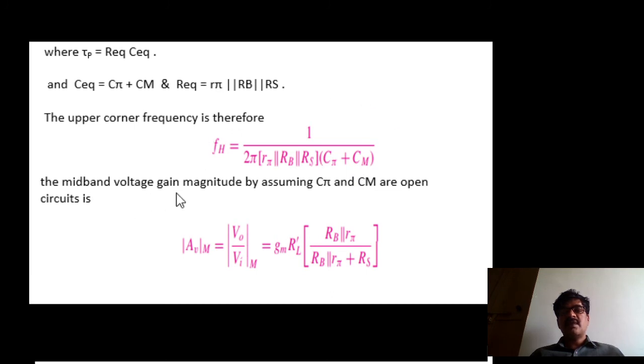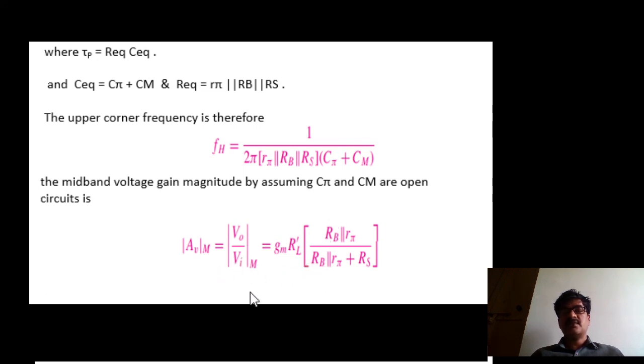So if you see the midband voltage gain of this circuit, that is the gain from Vo to Vi, which is given as Gm RL dash into the resistive part, including the RS value, as RB parallel R pi divided by RB parallel R pi plus RS, because V pi in terms of Vi is like this.